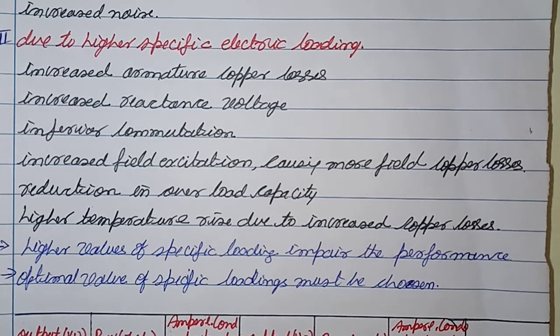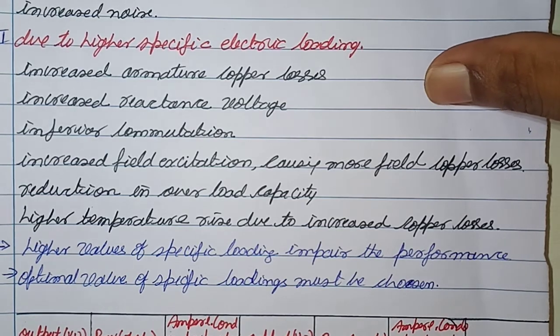Now that we have gone through their disadvantages, the takeaway is that higher values of specific loading will impair the performance of the machine. So an optimal value has to be selected, where the performance is met and the advantages, especially the size and the cost, can both be achieved.